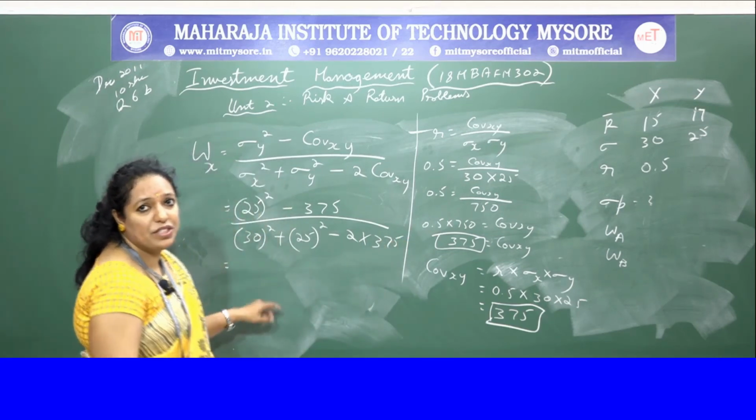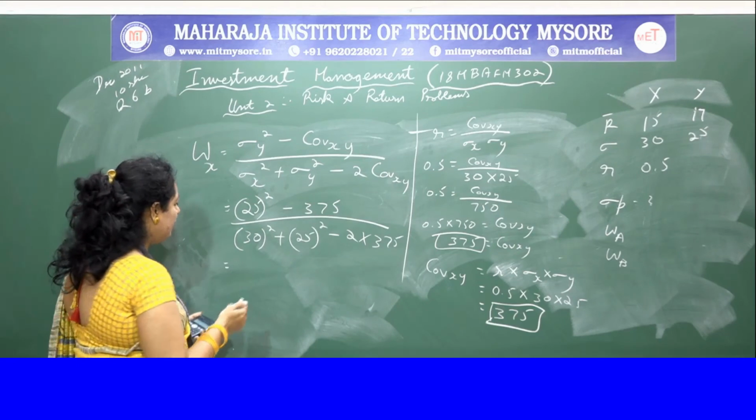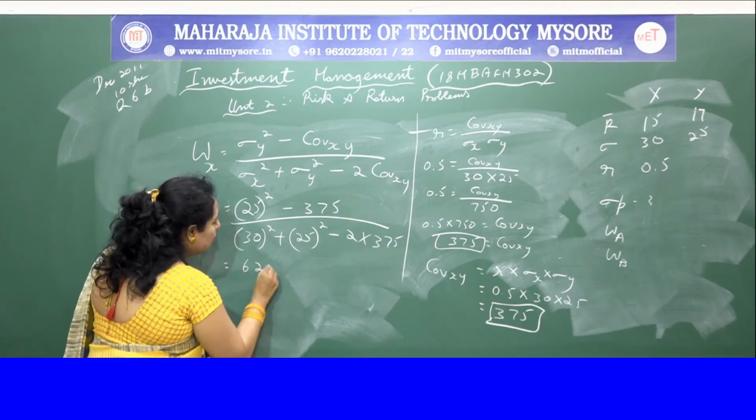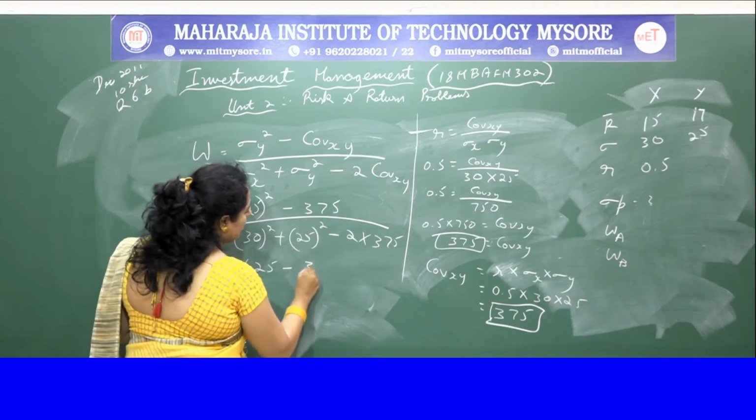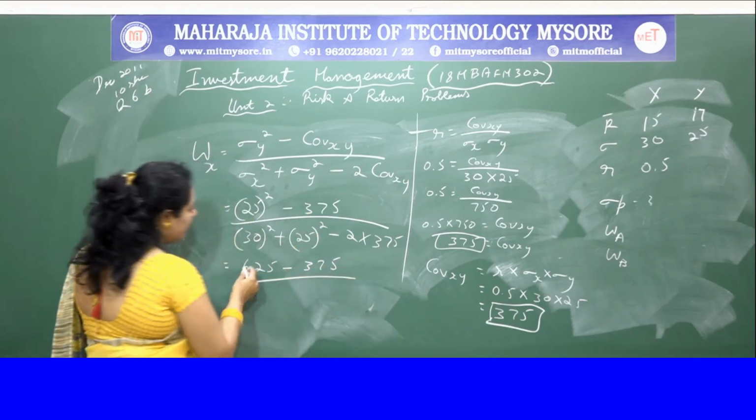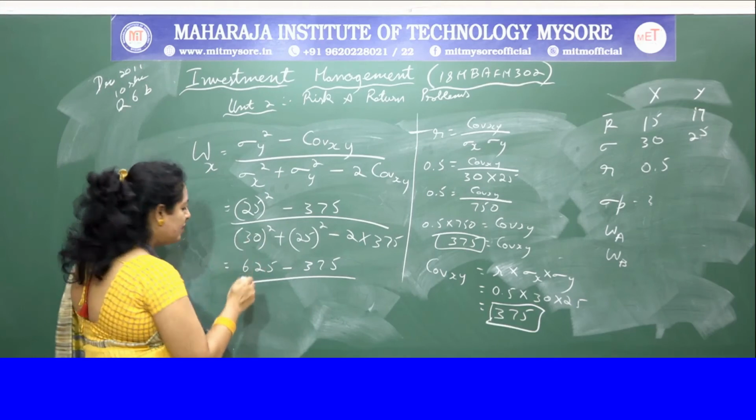This is the substitution I have made. Now we'll multiply 25 into 25 to get 625, then minus 375, whole divided by 30 into 30, which is 900.